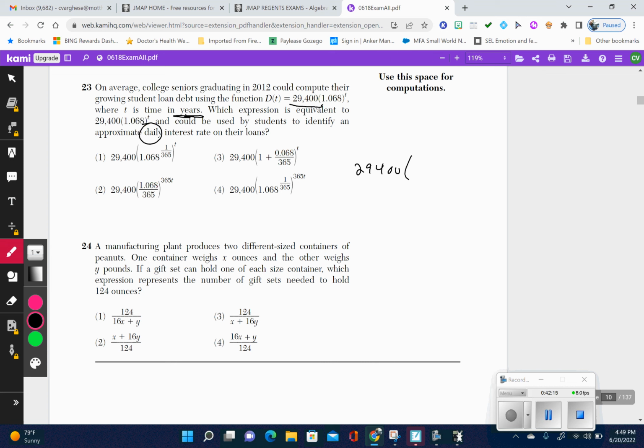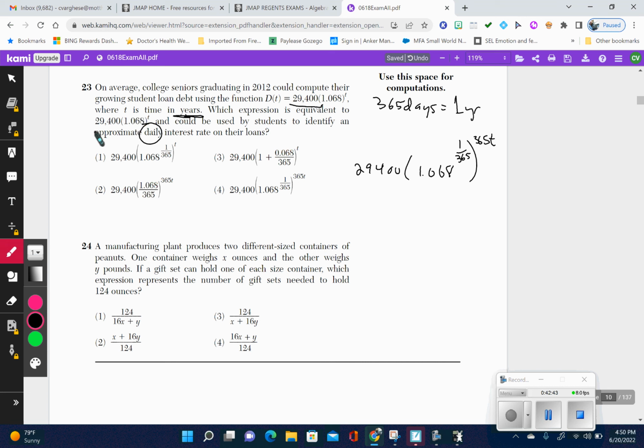So it's going to be 1.068, 0.068. And then since we're converting, there are 365 days in 1 year, right? So what we're going to have to do is raise this to the 1 over 365 power. And whatever number we put here, we also have to raise it to the t power.